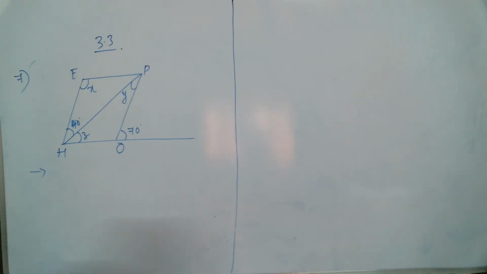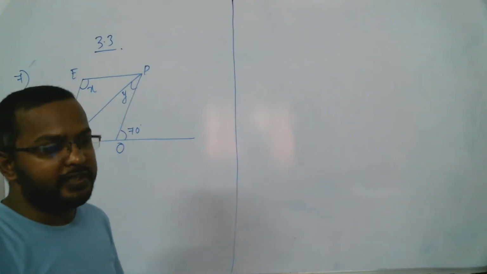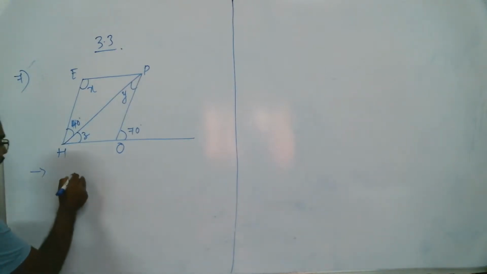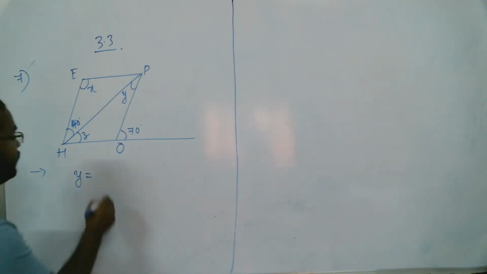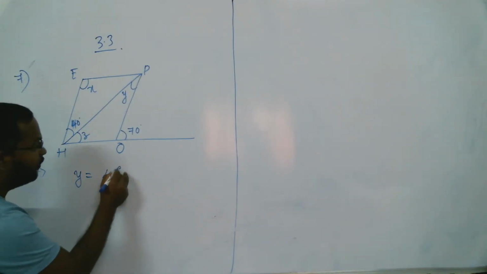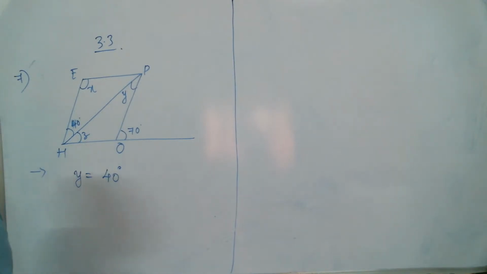The value of y we can find very easily. So what is the value of y here? Can somebody tell me? Y is equal to how much? Very good. The value of y will be 40 degrees. Why is the value of y 40 degrees?